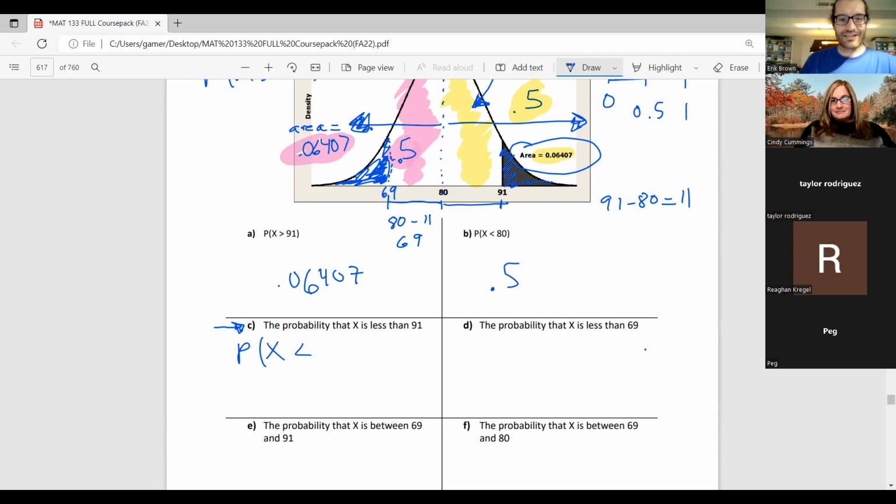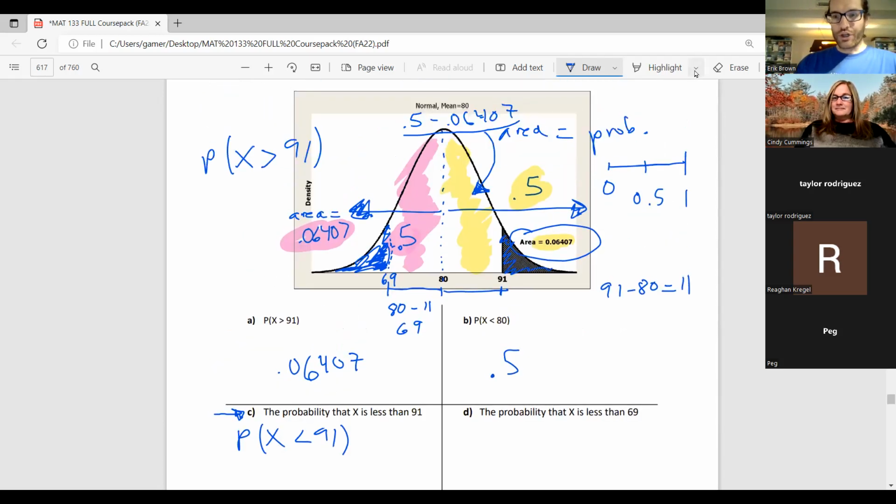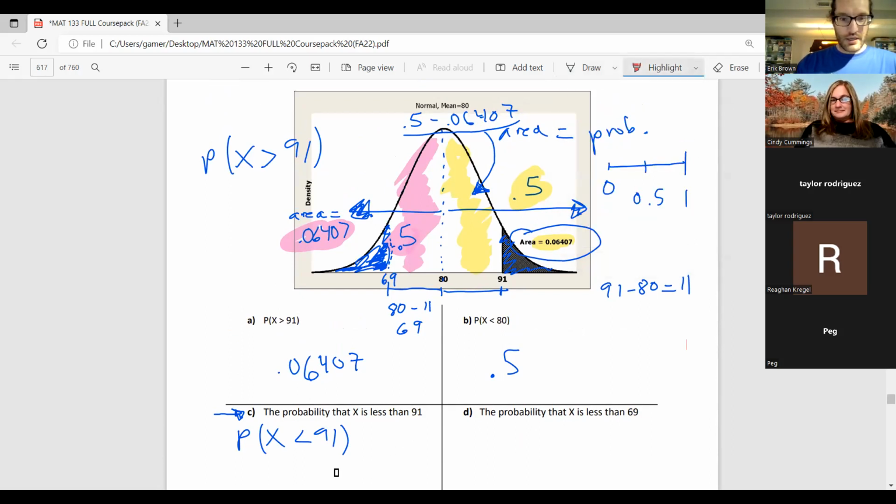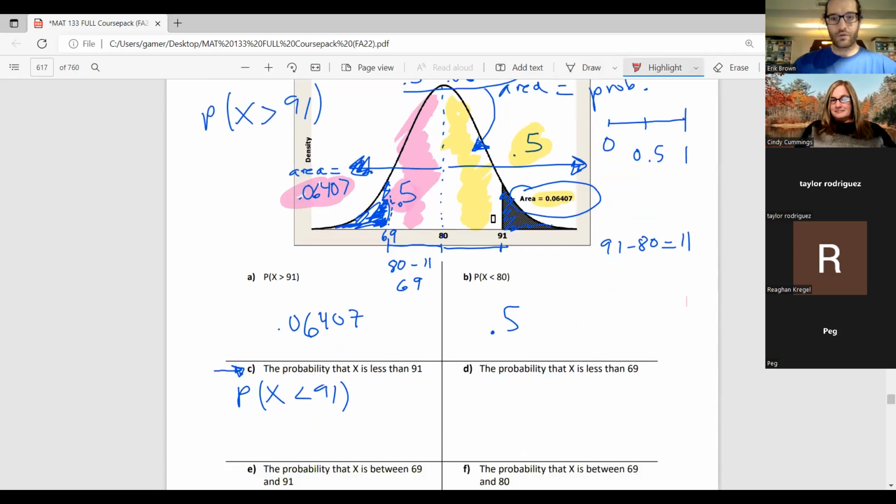Symbolically, it looks like this. If I were to shade the area, sorry, the area that this is asking for is all of this.